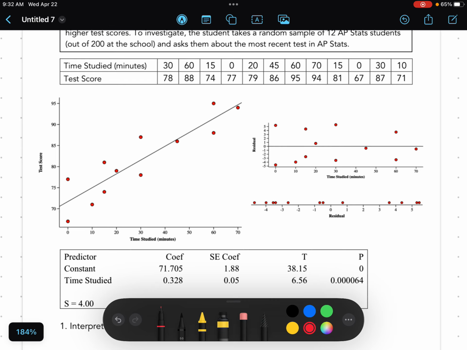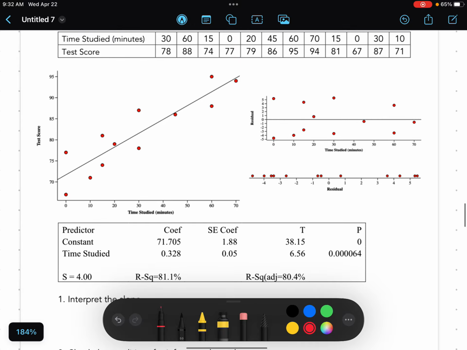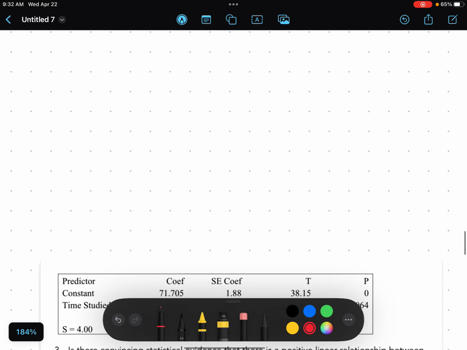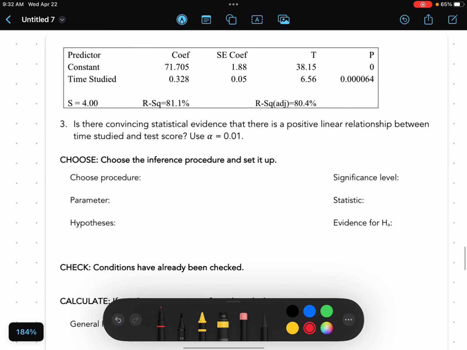Okay. So it's looking good for inference in our conditions. Okay, so is there evidence for a hypothesis test? So we can do a one sample t interval, or not t interval. Okay, one sample t test.